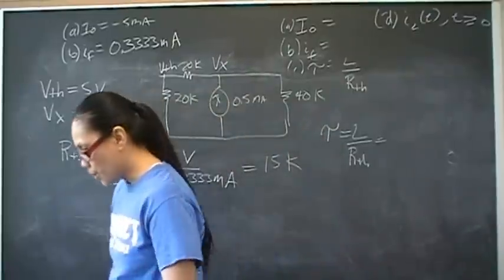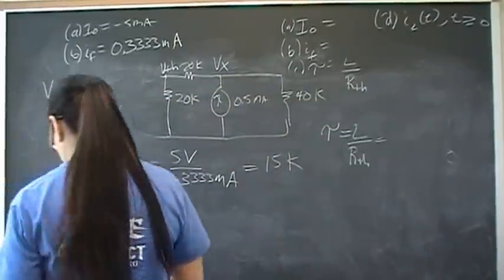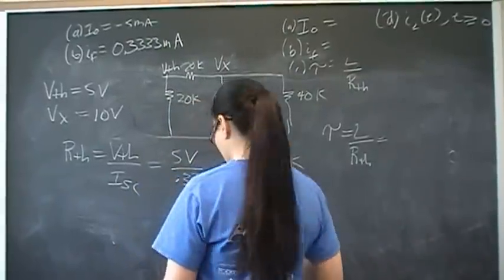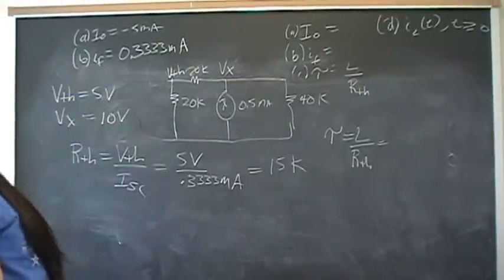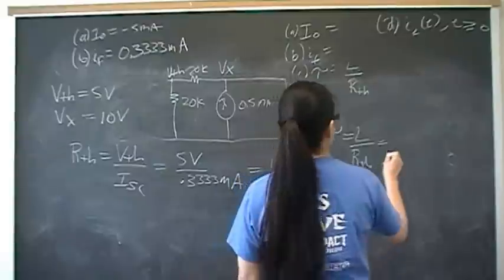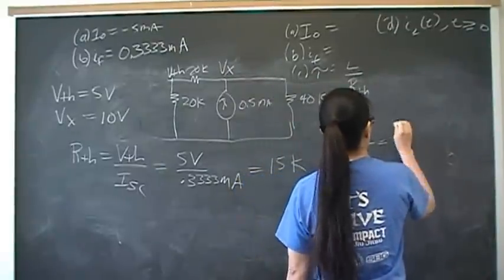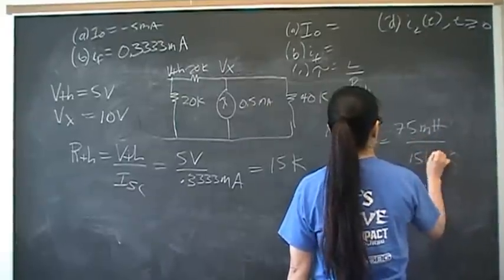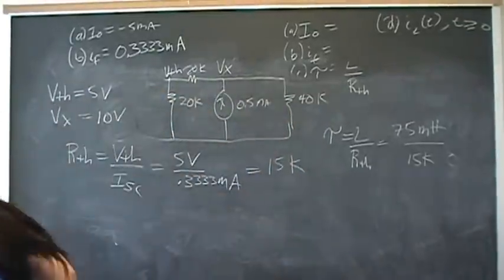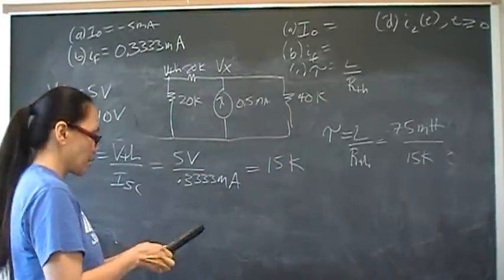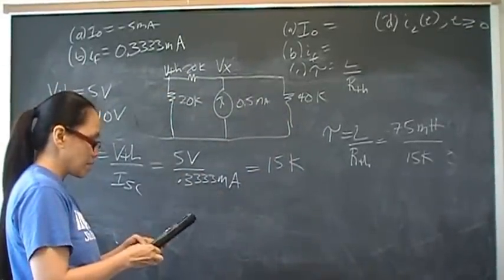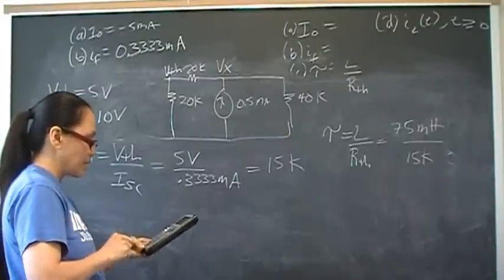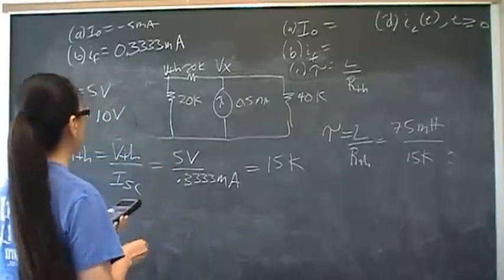The inductance was 75 millihenries, so 75 millihenries divided by 15K gives me 5 microseconds.